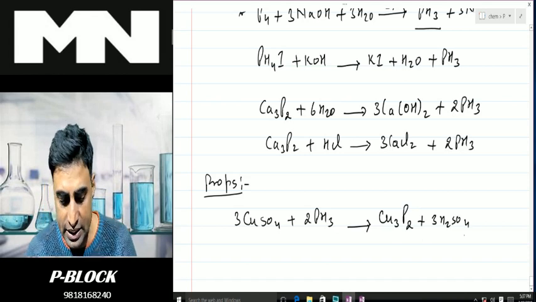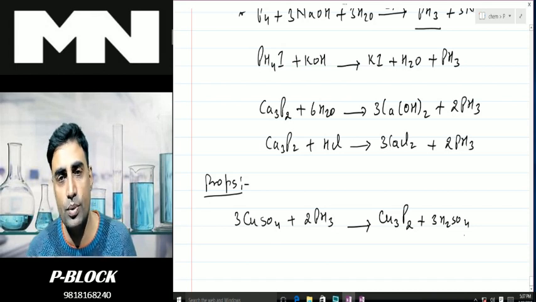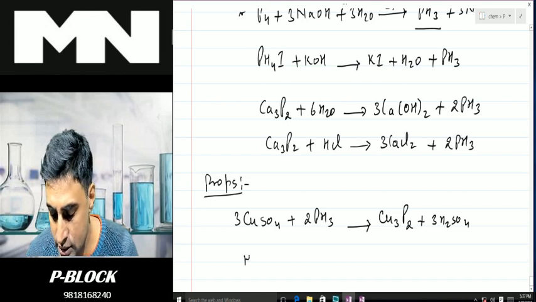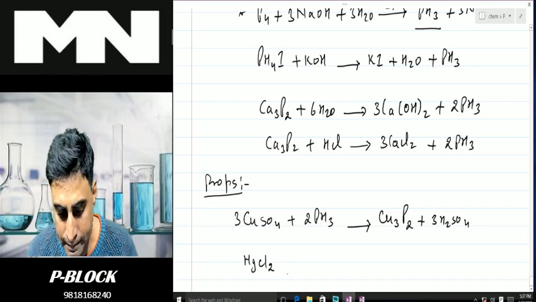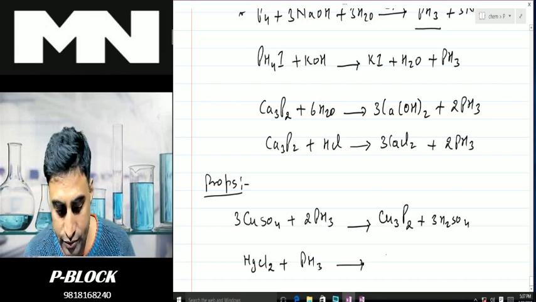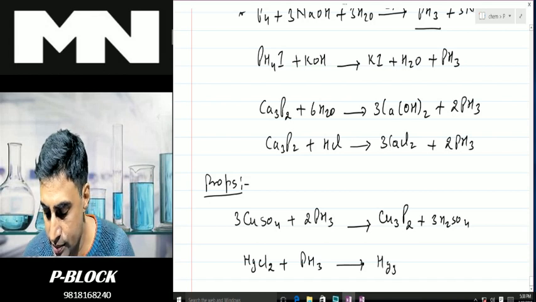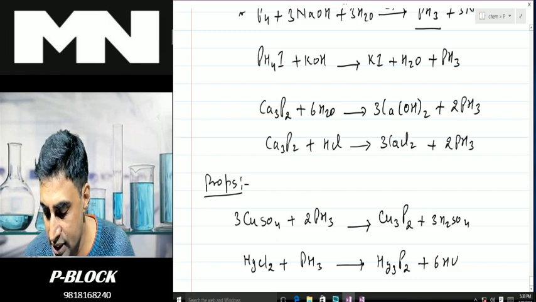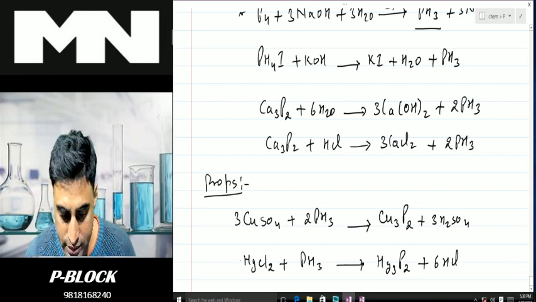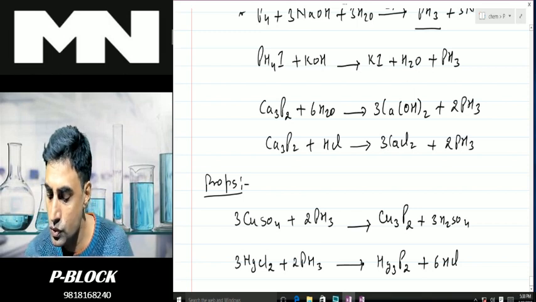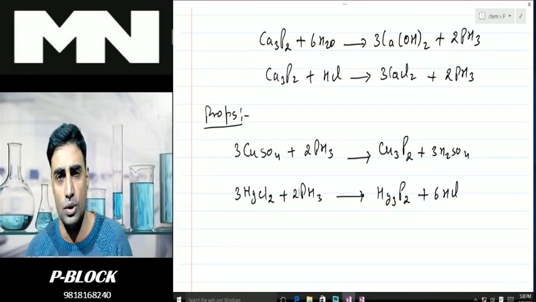Same type of reaction can occur if you react PH3 with mercuric chloride, HgCl2 plus PH3, that will give me Hg3P2 plus 6 moles of HCl. So let me balance it. It is 3, here you'll have 2.